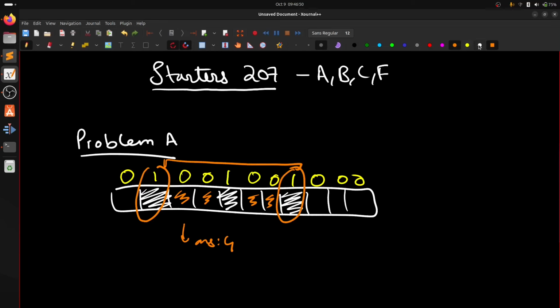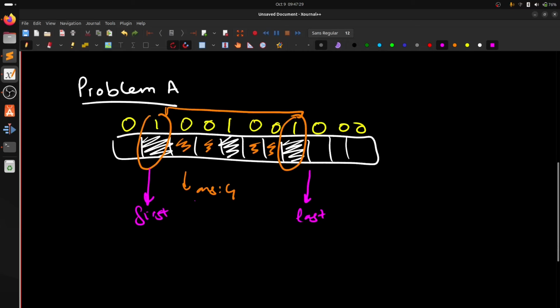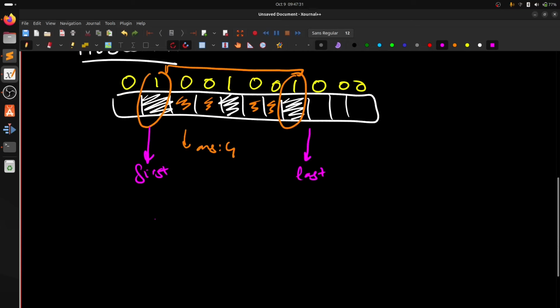Okay, so how do we approach this? Well, it's obvious that only the first and last matter, as well as the count of how many are already filled, right? So let's say this is the last occurrence, and this is the first occurrence of a filled cell. Now, obviously, the subarray between these two has to be filled, which is of size last minus first plus 1, right?